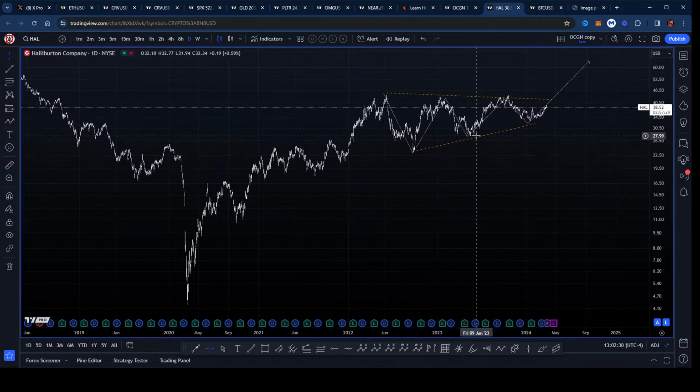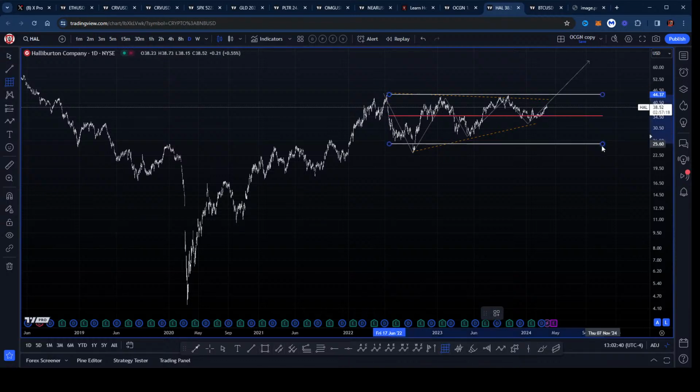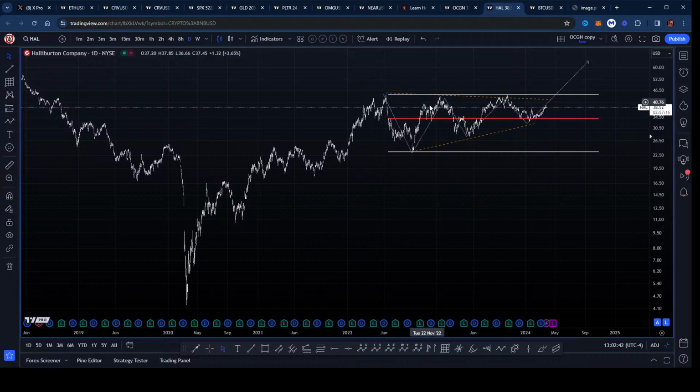Let me get rid of that. If you look at that in the context of liquidity, as we stay in this range, on each side we get lower high, higher low, lower high, higher low, as we're contracting towards the apex right here.